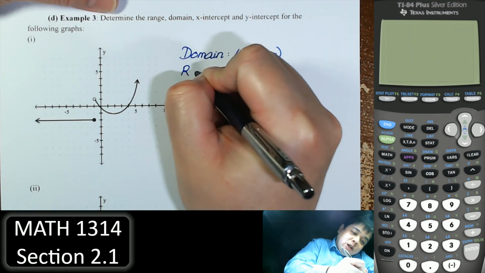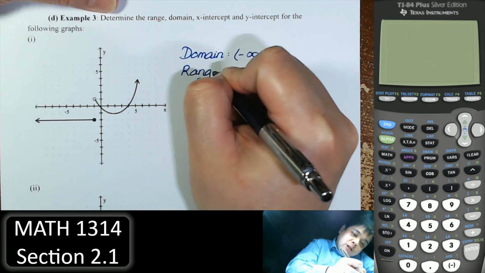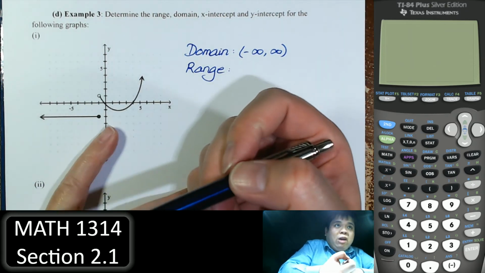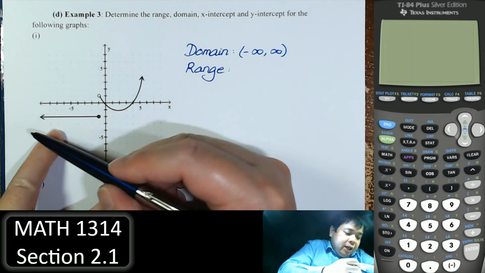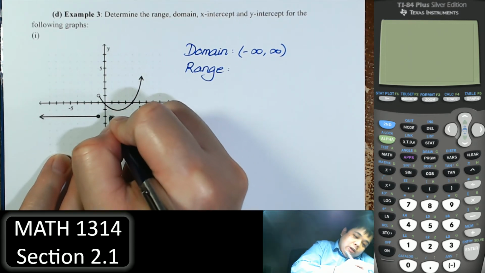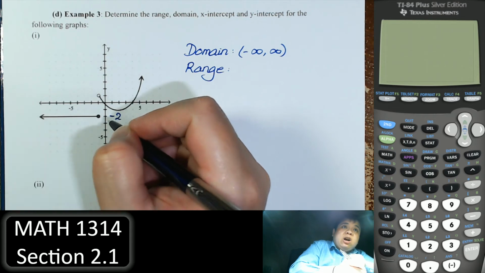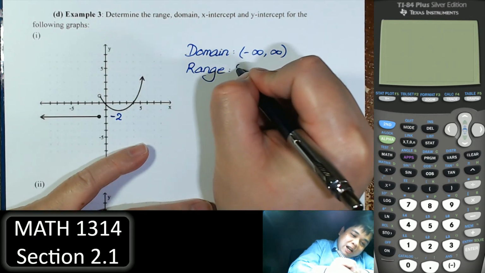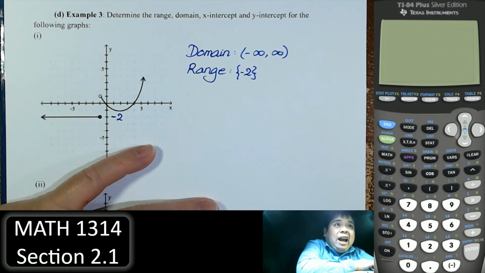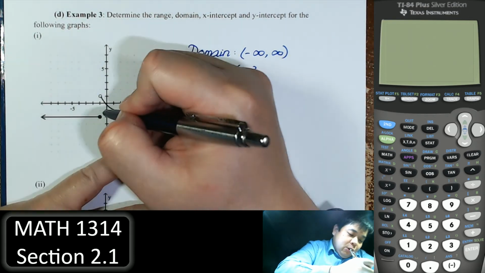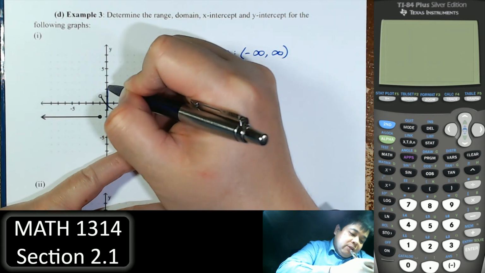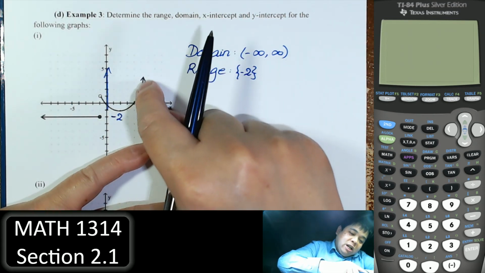The range is a little more interesting. The range is all the y values, right? So first we have the y value of negative 2. All of those lines only have one y value, so we just say isolated -2, and then all the y values go from the lowest point indefinitely, because there's an arrow.